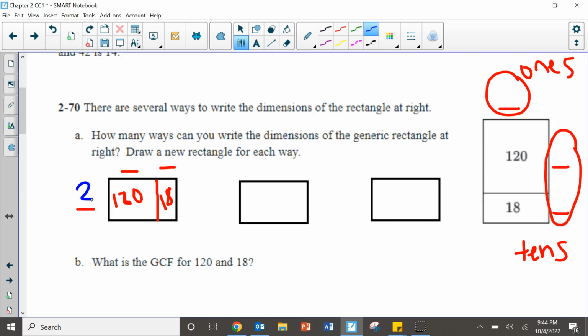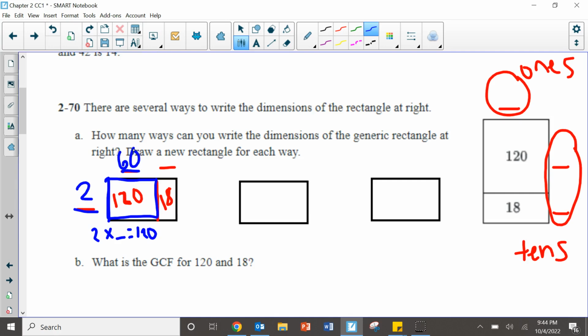So I have to think about what times 2 gives me 120, because this is showing a 2 by something. When I find the area of this one, I did 2 times something to get 120, because remember, area is length times width. So you should come to the conclusion that it's 60 times 2.